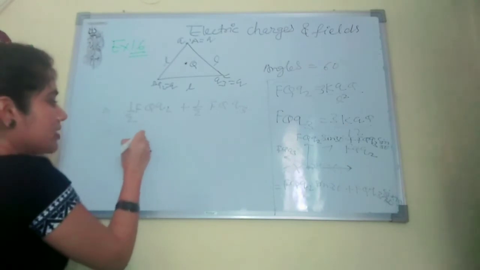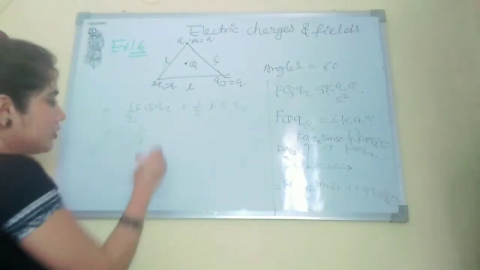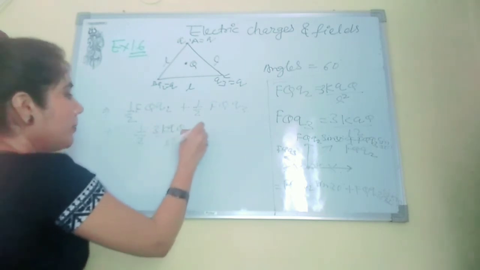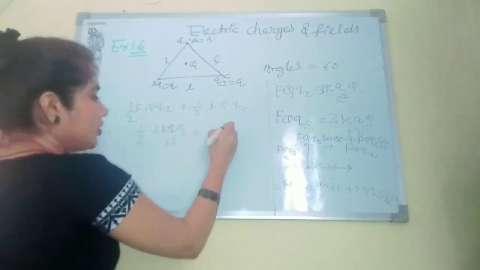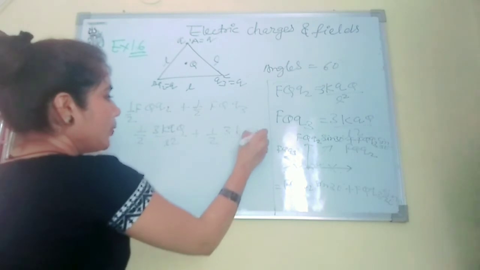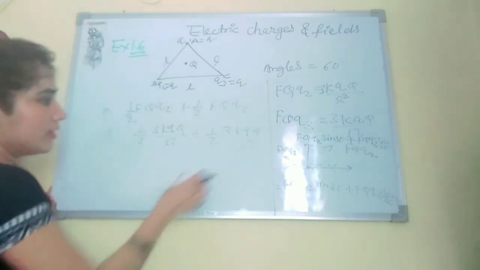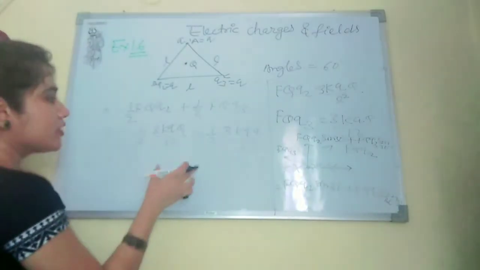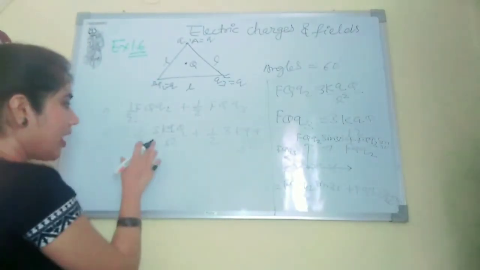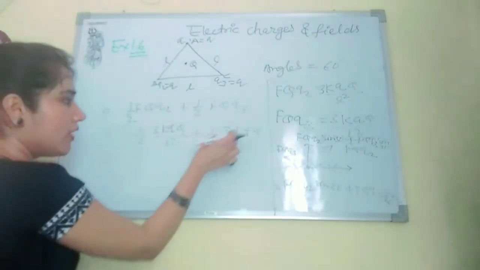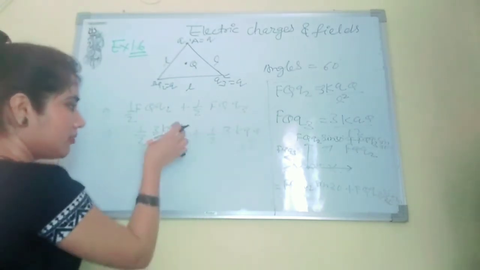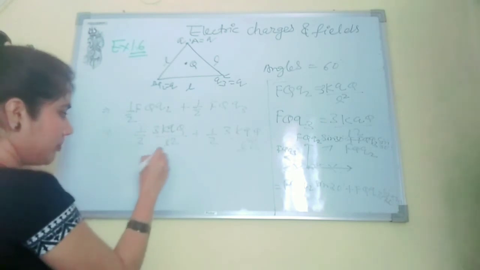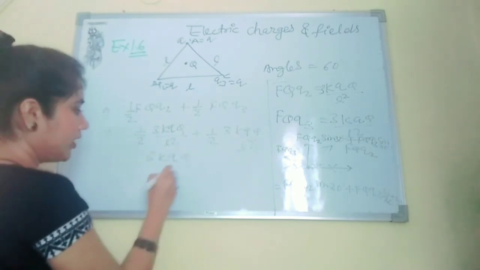That will be similar: 3kq upon L square plus 1 by 2 into 3kq upon L square. These are similar, so we can write it. Half plus half is 1. So this will be 3kq upon L square.